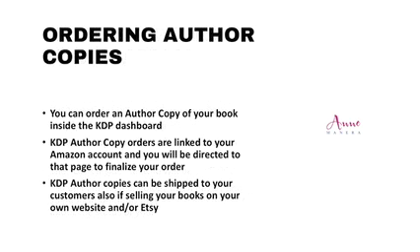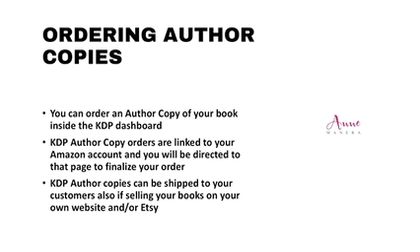So now your book is complete, it's published, it's on Amazon, and it's officially live, and at this point you can order author copies of your book inside the KDP dashboard. The KDP author copy orders are actually linked to your Amazon account. So once you select whatever copy you want, you select the marketplace, whether it's Amazon.com or Amazon.ca, and so on, and then you'll be directed to your Amazon account to finalize your order and purchase right through there.